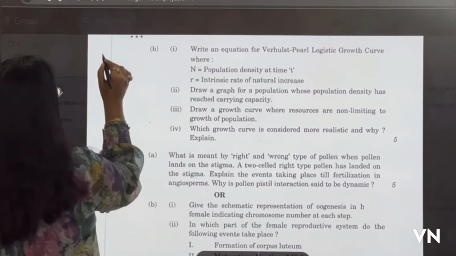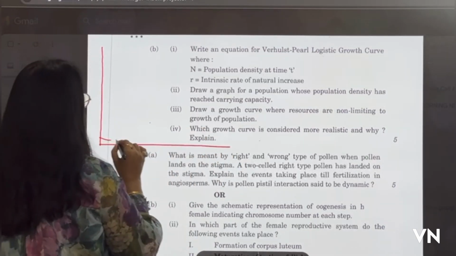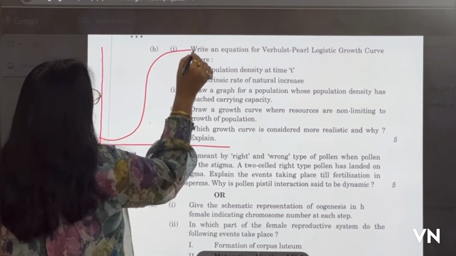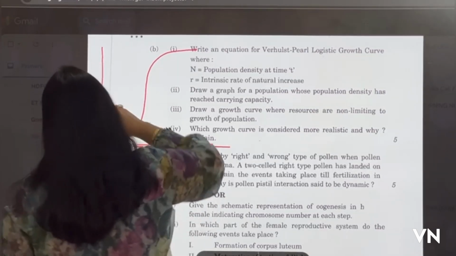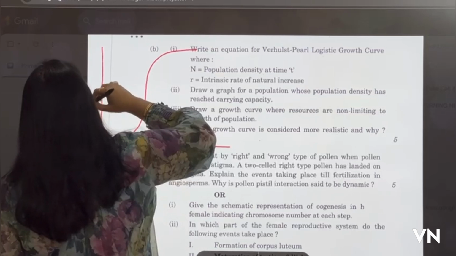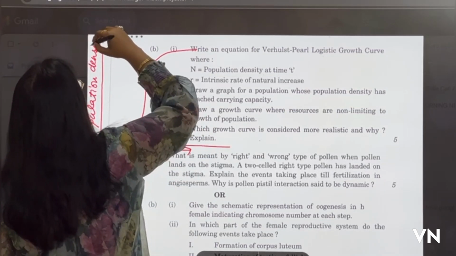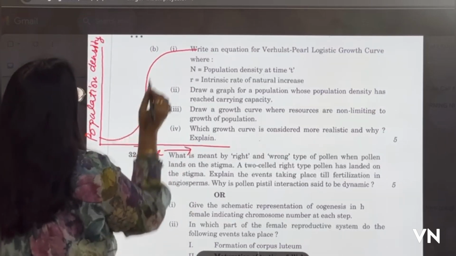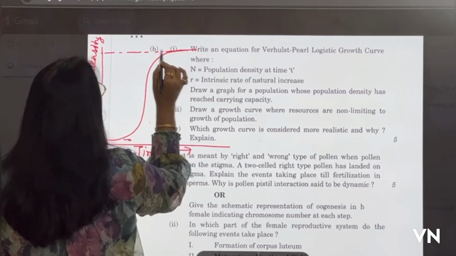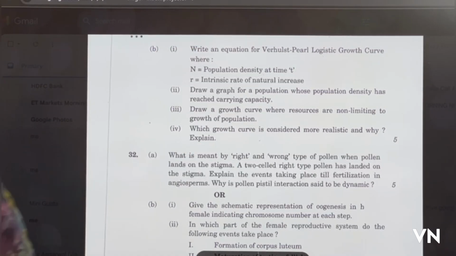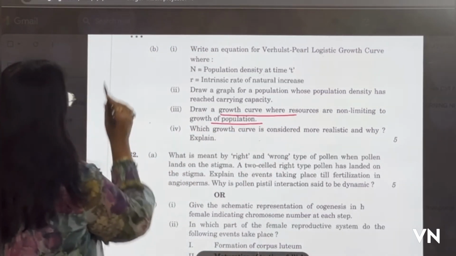For this we will draw the logistic growth curve, and that will be like this. Time on the x-axis and population density on the y-axis. And this is the carrying capacity K. Draw a growth curve where resources are non-limiting to growth of population.